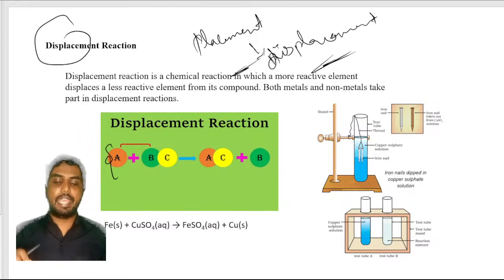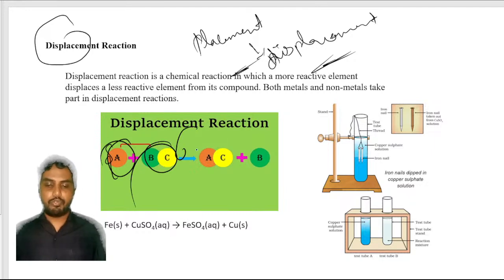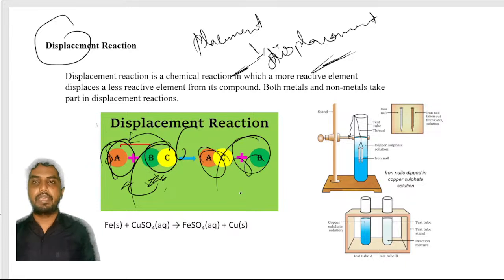Both metals and non-metals take part in displacement reactions. So here you can see that A is reacted with BC, and it will form AC and B. You can see here the alphabets B and C reacted with A, but A displaces C, and the final product you receive is AC and B. So this is called a displacement reaction.